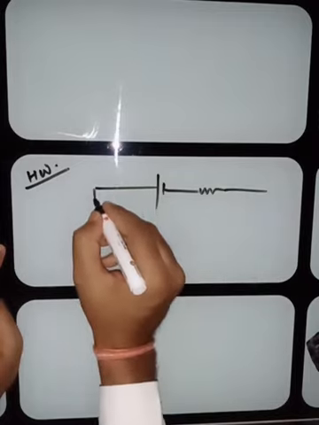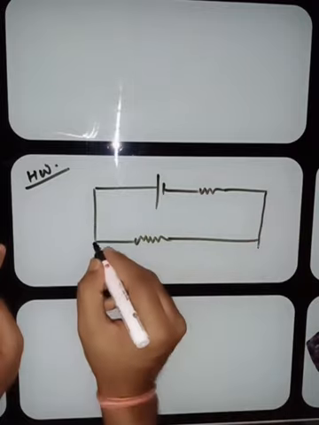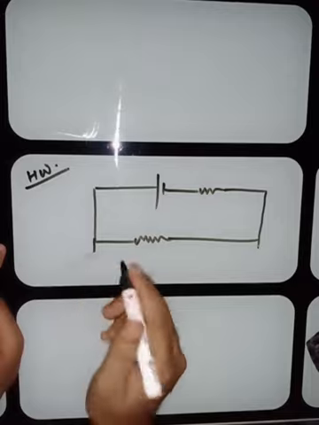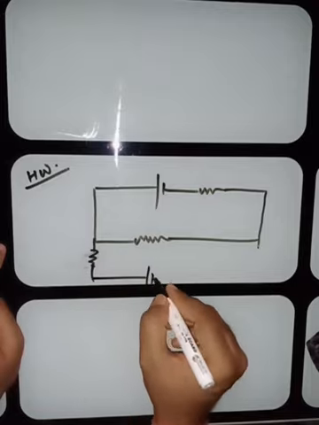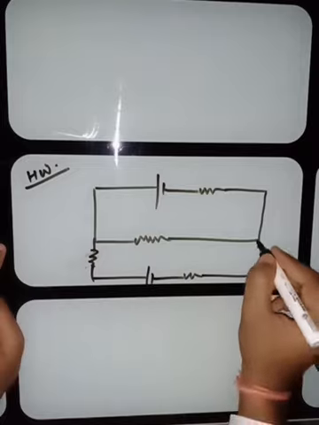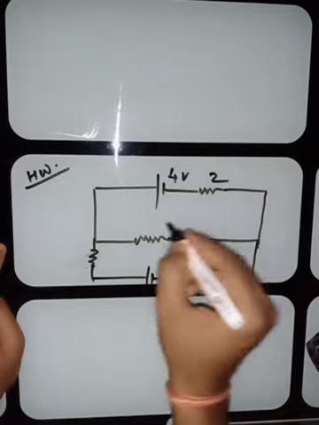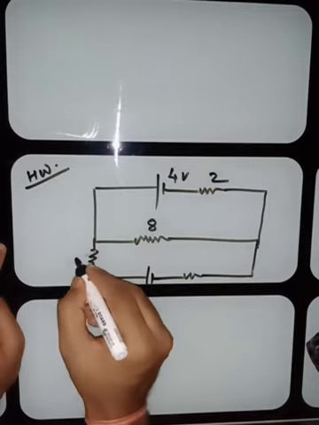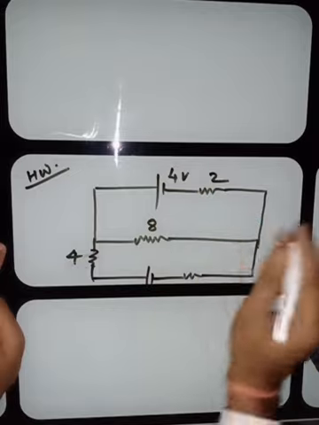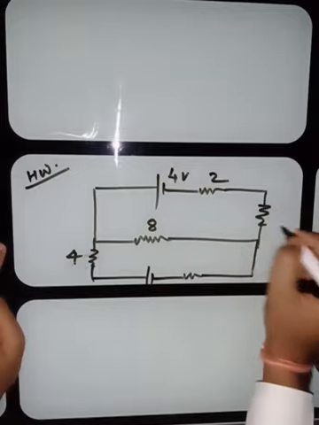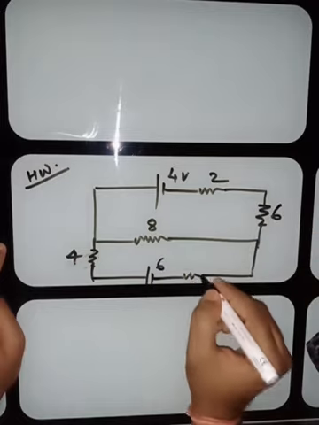Using current distribution, that I will teach you in the next class. I'm just giving you homework. If you can solve it, it would be very nice. The 4 volt, the 2 ohm, here the 8 ohm, here the 4 ohm, and another resistance, it is 6 ohm, and this is 6 volt.